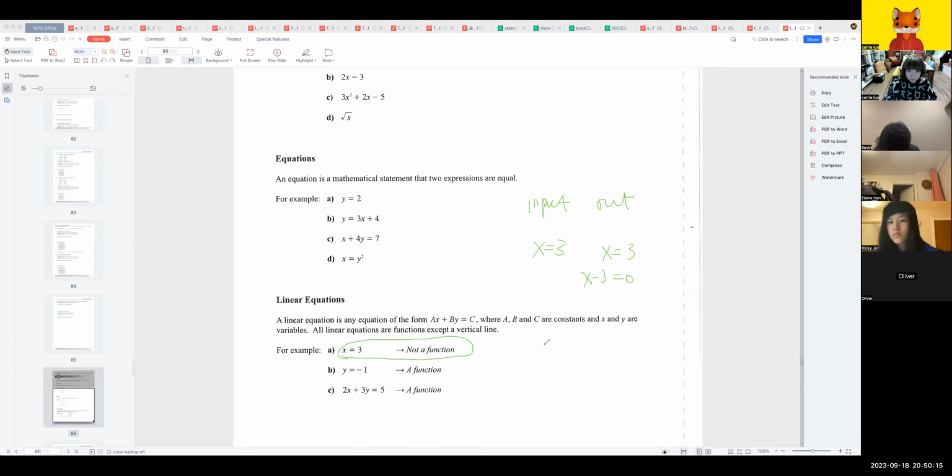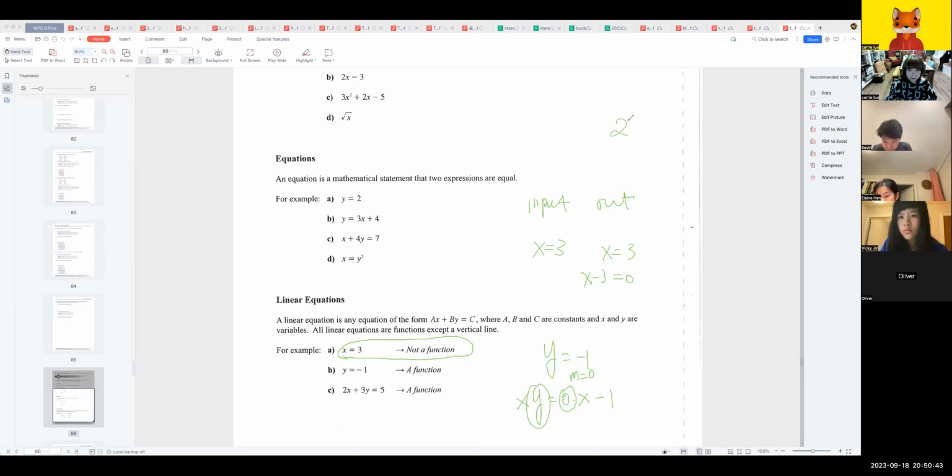But y equals -1 equals what? y equals 0 times x minus 1. Get it? So m could equal 0, but y could not equal 0. So that's why x equals 3 is not a function, but y equals a constant is. No y, only x, there's no function. But only y, it could be a function. Get it, everybody?